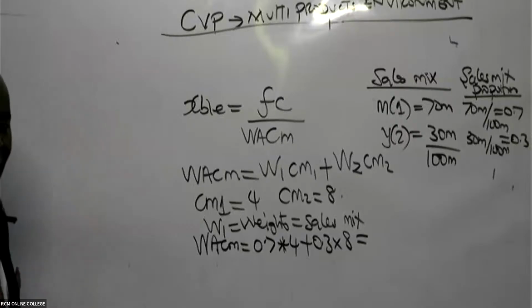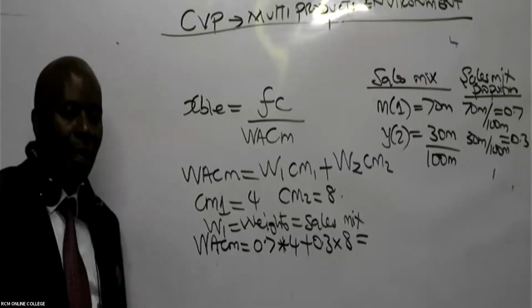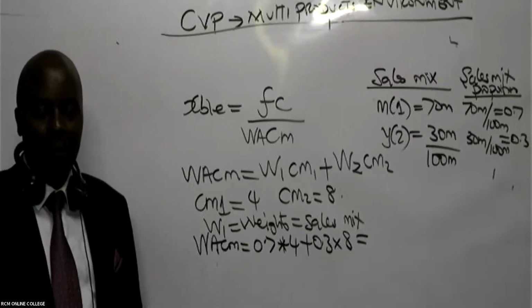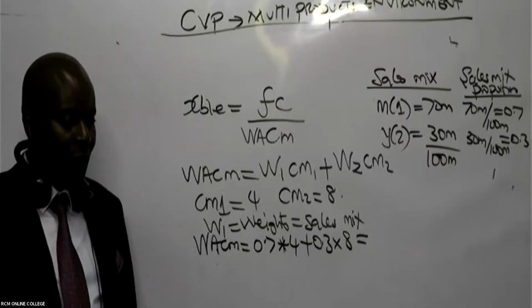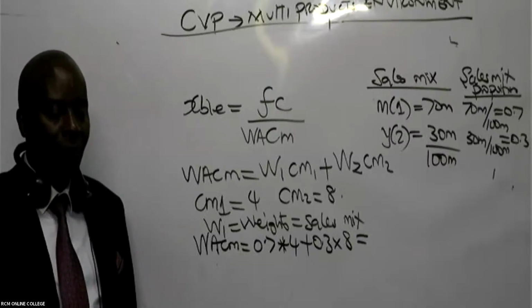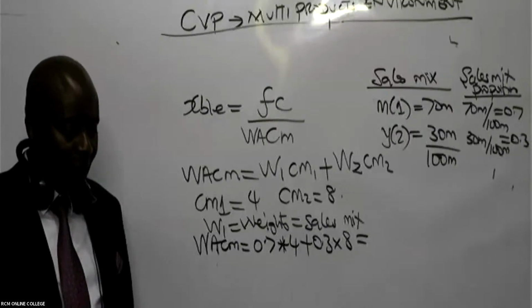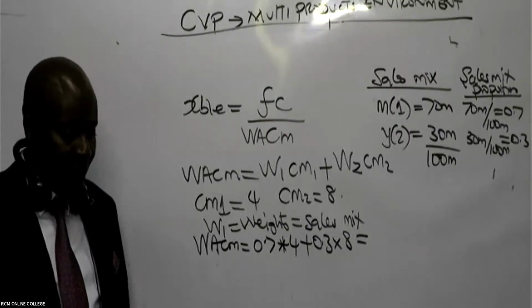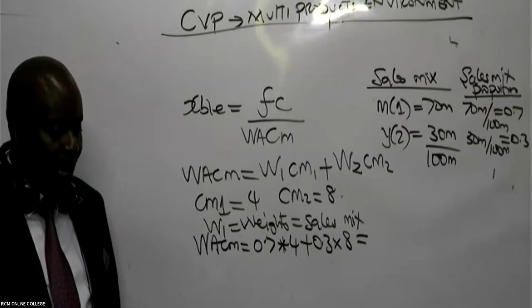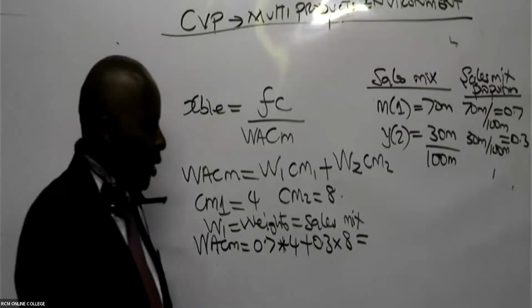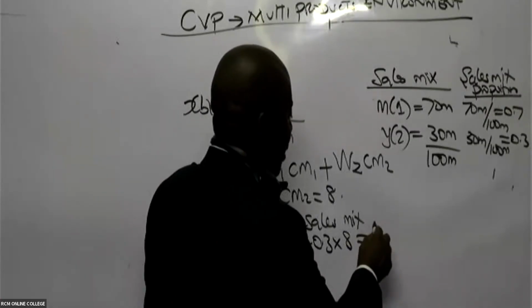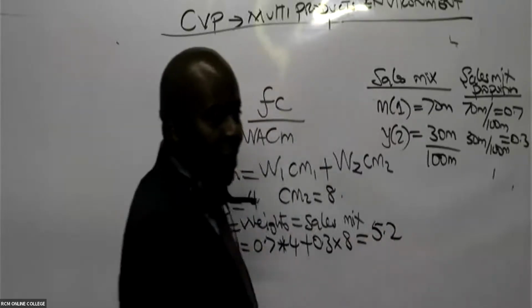So let's give our examiner the WACM. They're giving me a figure of 5.2. Are we able to see the 5.2 figure?